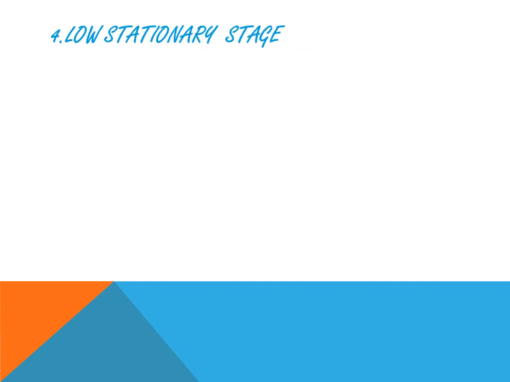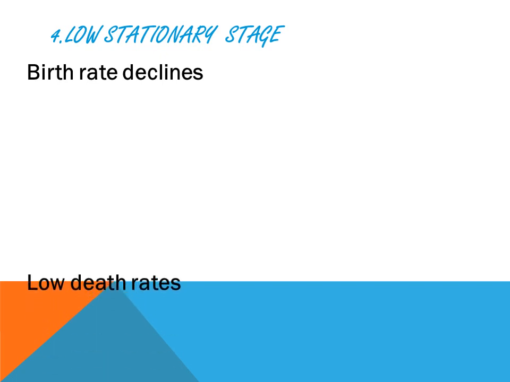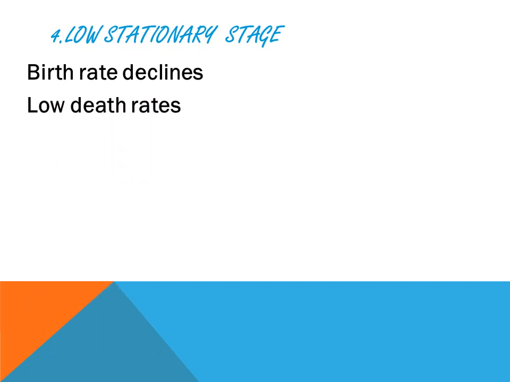Now coming to the fourth stage, that is low stationary stage. In this stage, the birth rate declines further and death rates are already declined and they cancel each other and there is no population growth. We can see that in the first stage, it was also a stationary phase, but it was a high stationary phase. Why? Because the birth rate and the death rate were very high in that stage. There was no population growth in that stage also.